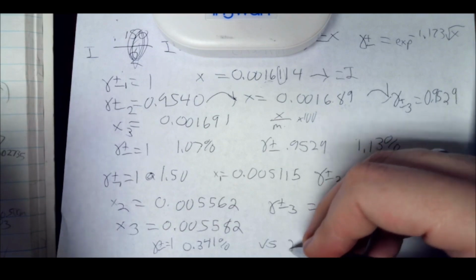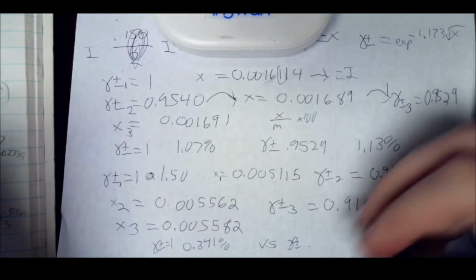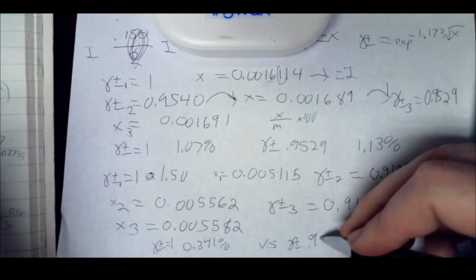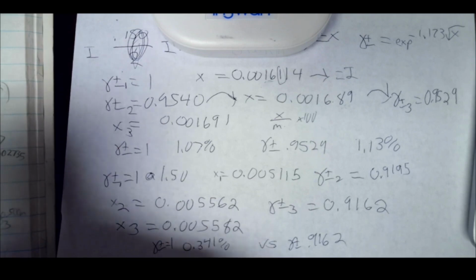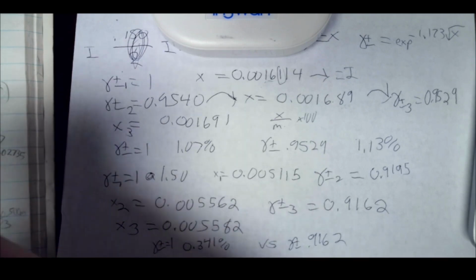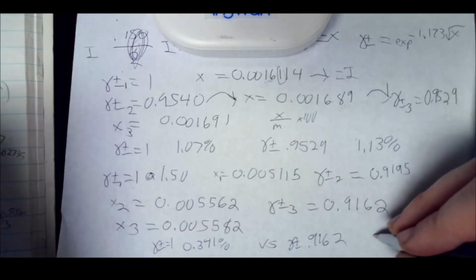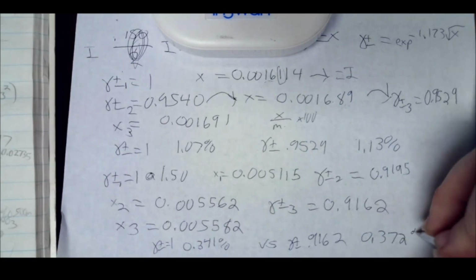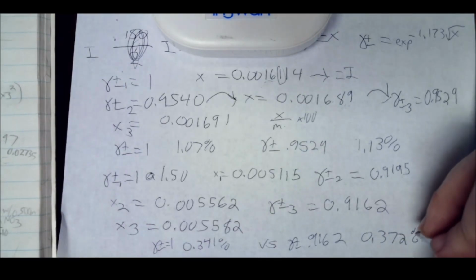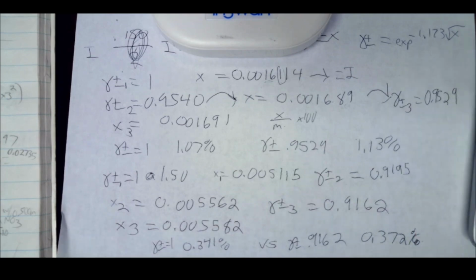When gamma is 0.9162, 0.005582 divided by 1.5, the degree of dissociation is 0.372. So not a huge change, honestly, but you're getting more and more accurate each time you go.